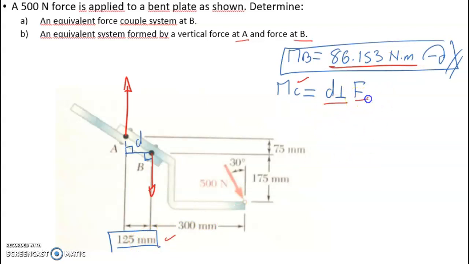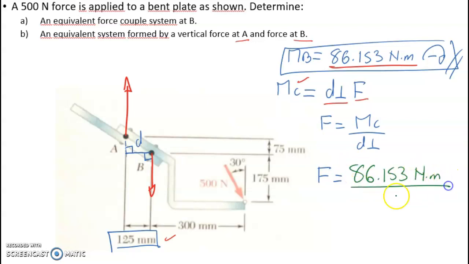It's only a matter of solving for F. So solving for F, the force will be equal to Mc over the perpendicular distance: 86.153 newton meters over the perpendicular distance of 125 millimeters.